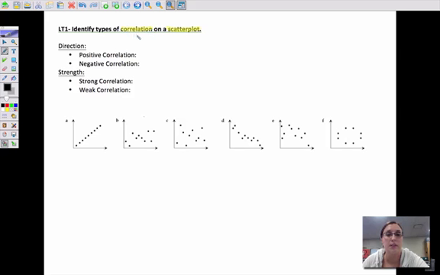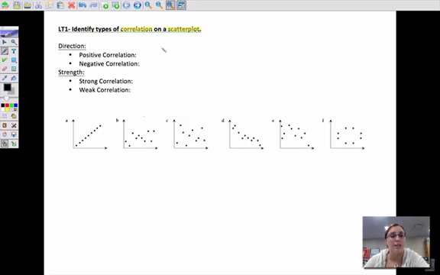The different types of correlation that you'll see are sorted by direction and by strength. So they're sorted 2 different ways, and each direction and strength has 2 different ways that it could go. The direction could be positive or negative.